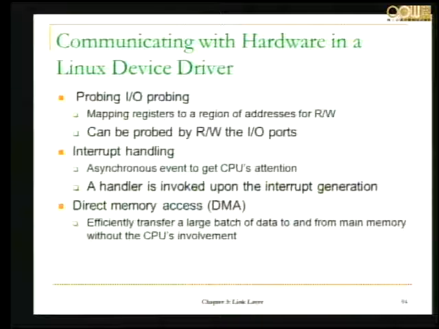You need to probe the I/O port, meaning you need to map the registers to a region of addresses for read and write, meaning that you need to know where the registers are. And actually, when you write the register, it's more like doing I/O on some I/O port.